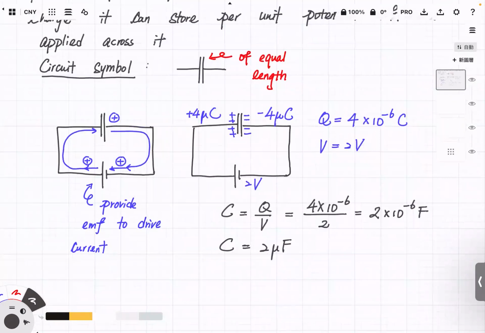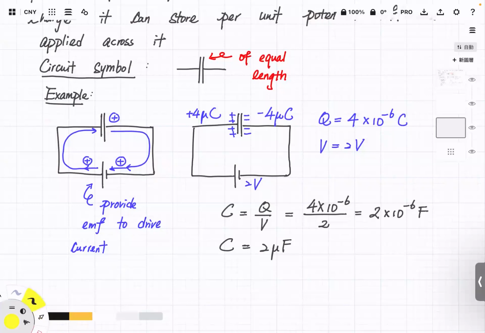So from this example, what you see is that this is how we calculate the capacitance of a device. But we can also think about it: what if I have more charge? Let's say I do not have just 4 microcoulombs. Let's say I have 14 or 40 microcoulombs in it.